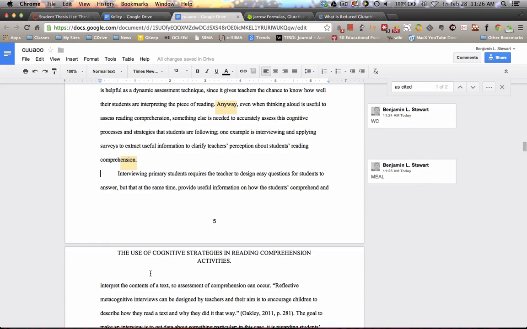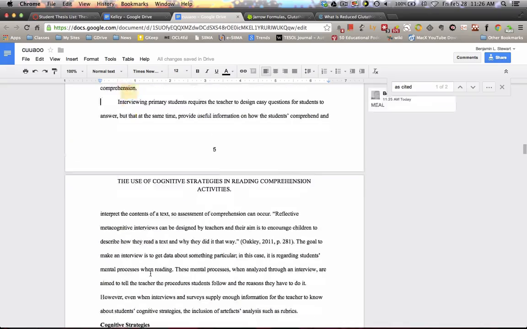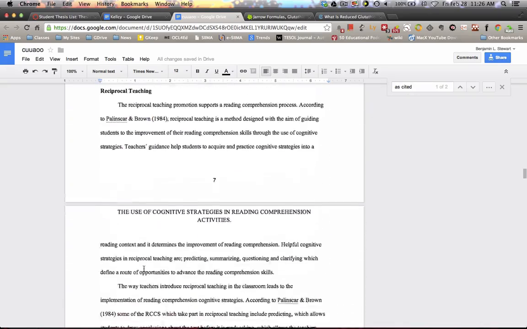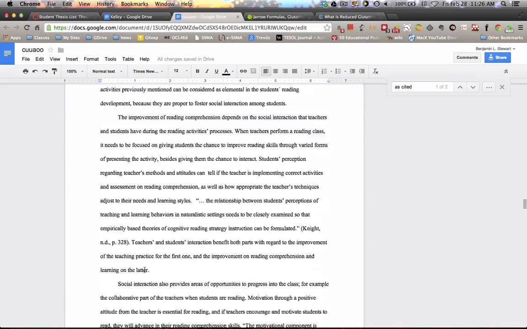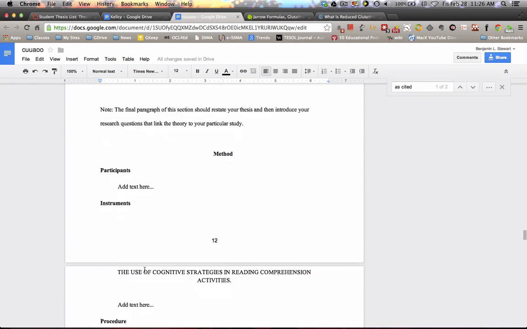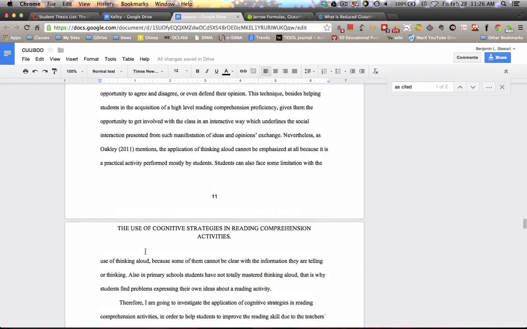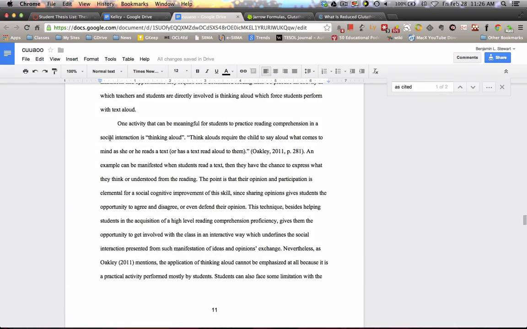I have another doubt, but go to the last paragraph of the lit review, please, which is about thinking aloud. I consider including thinking aloud because in some journals and some investigations they mention that thinking aloud is an activity in which teacher and students can interact.